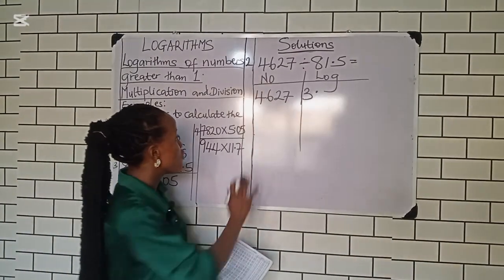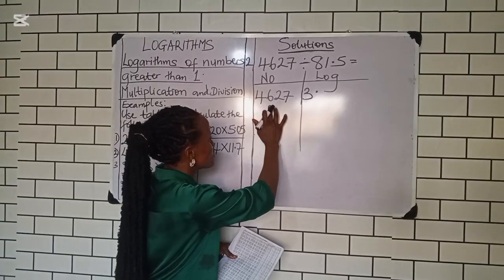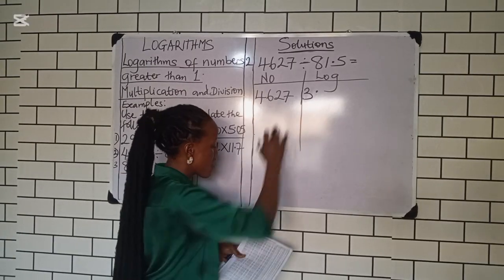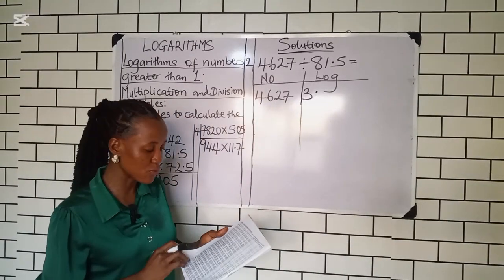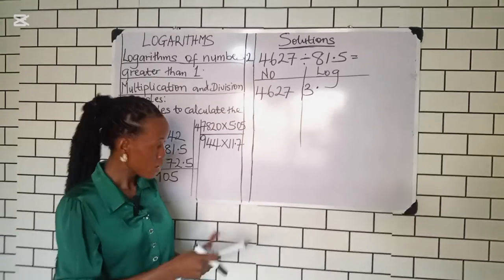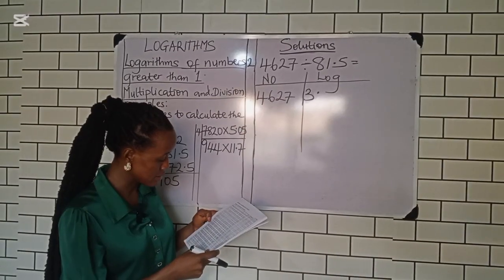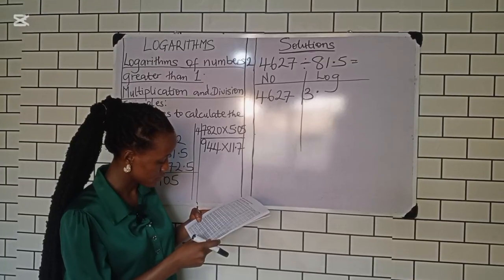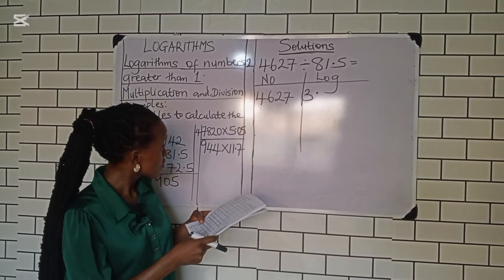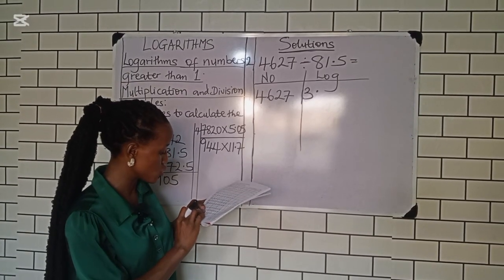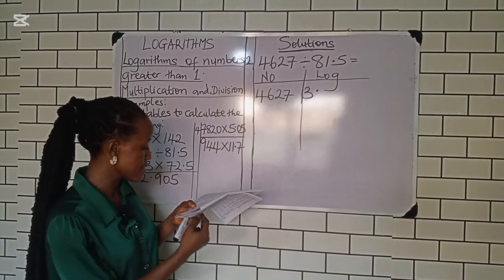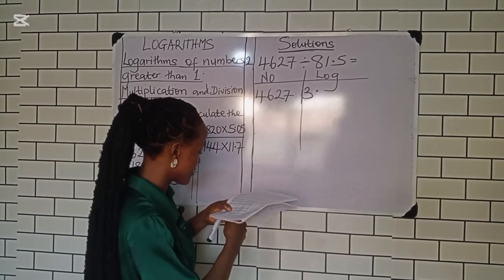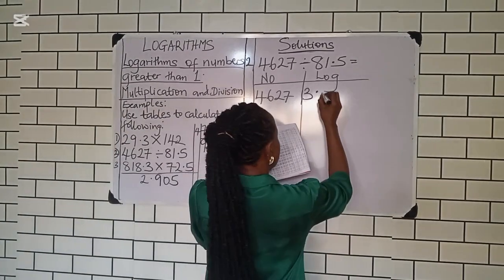Now we're going to look for 46 under 2, difference of 7, under the logarithm table, not the antilogarithm part. 46 under 2 will give us 6646.